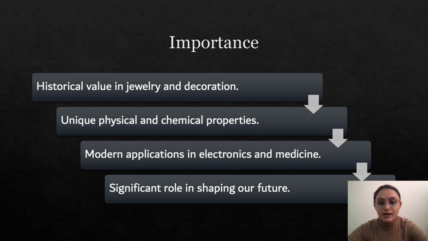Understanding the physical and chemical properties of silver, as well as its potential environmental impacts, is crucial for maximizing its benefits while minimizing any negative effects. Overall, the continued importance of silver in our world is rooted in its ability to adapt to changing societal needs and to contribute to human progress in a variety of fields.